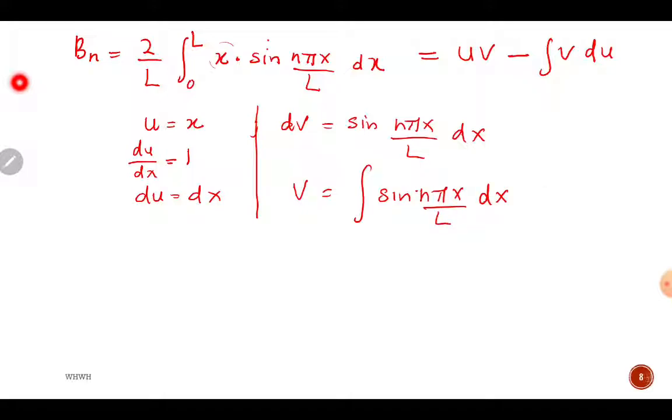So integrating sine, are we going to get positive or negative? Negative cos, right?